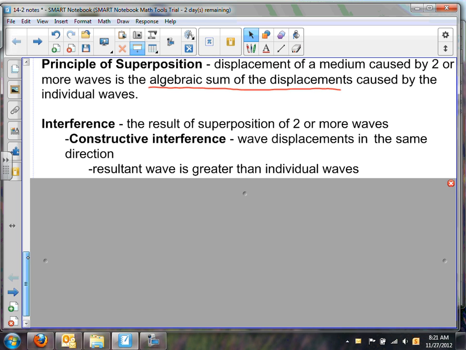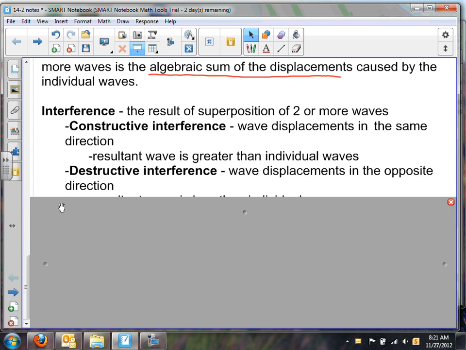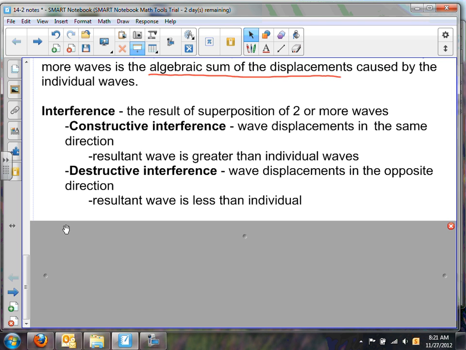So with constructive interference, the wave displacements are going the same direction, therefore your resultant is greater than the individual. And destructive interference would be the opposite. The wave displacements are in the opposite direction, which means the resultant wave will be less than the individual waves. They're losing some of the energy.